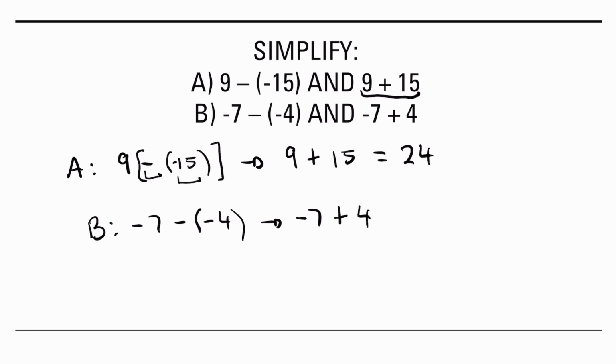Now, if you can't work this out, you could then flip the signs, get 7 minus 4, so that negative has then become a positive. This positive has then become a negative. 7 minus 4 should be a lot easier, so that's 3. Because we flipped that, the actual answer will be the opposite of 3, so it'll be negative 3. So negative 7 plus 4 will be negative 3.